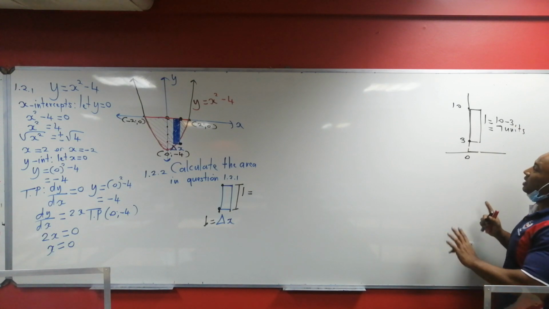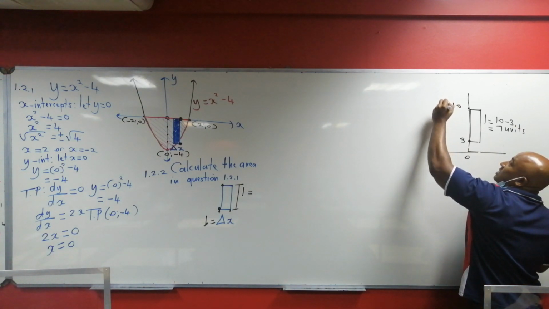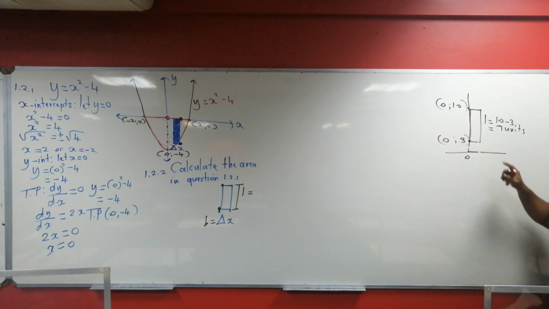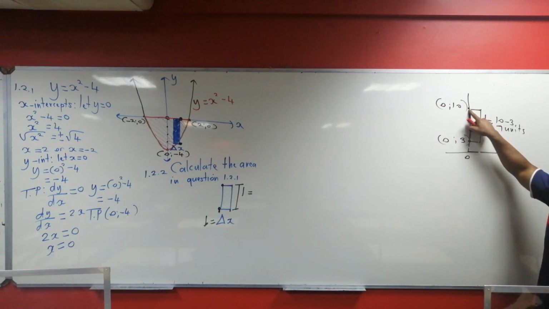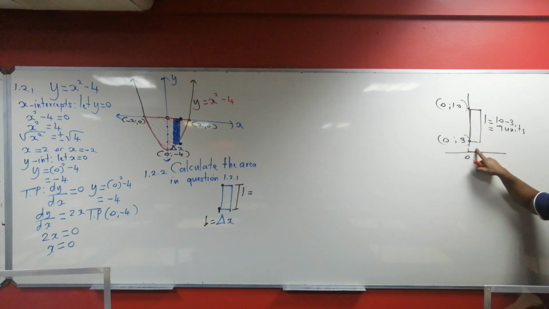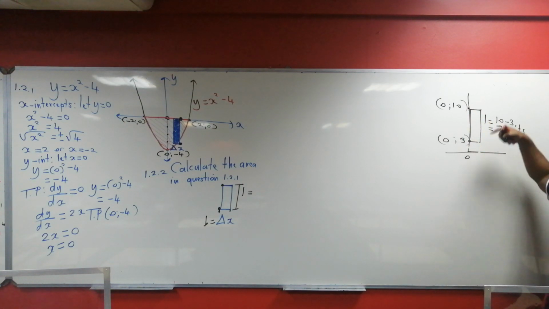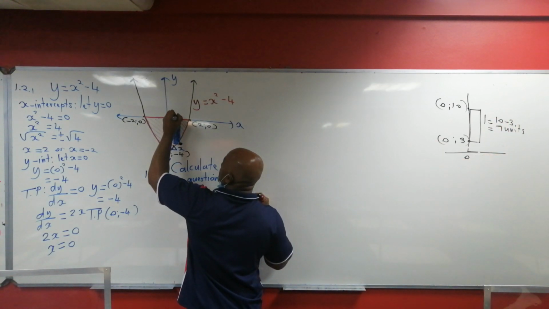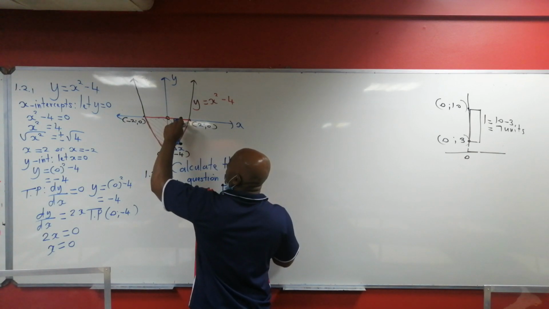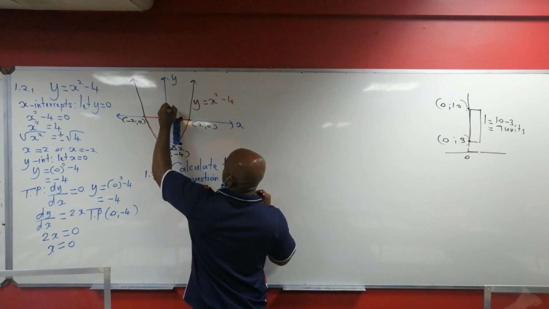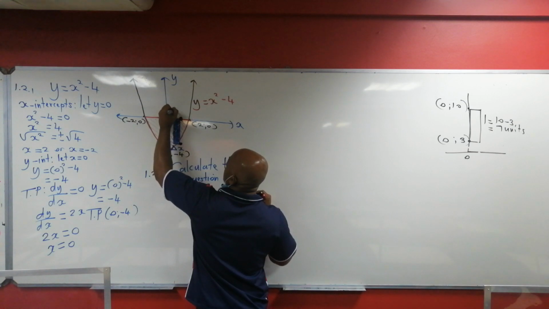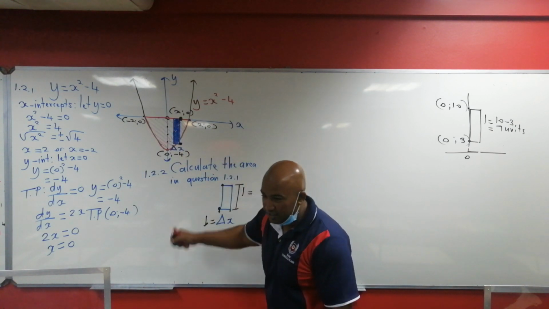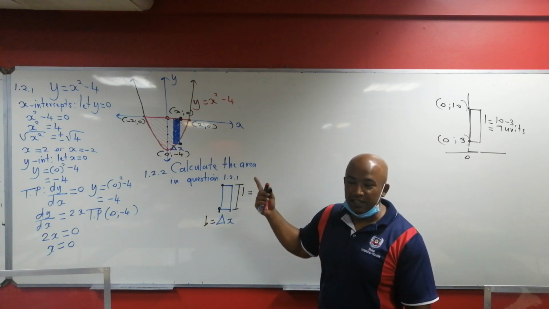But the point I'm trying to make is that we are taking the y value at the top, subtract the y value at the bottom, because we're talking about top and bottom. So what is the y value at this point here? We have an x here, but we know on the x-axis, y is equal to 0.